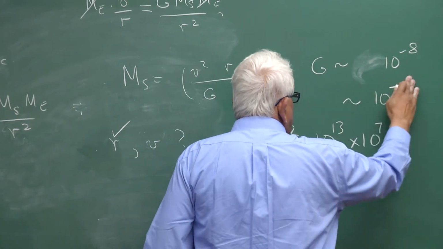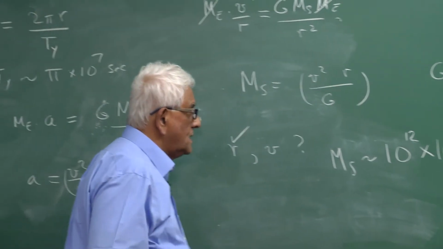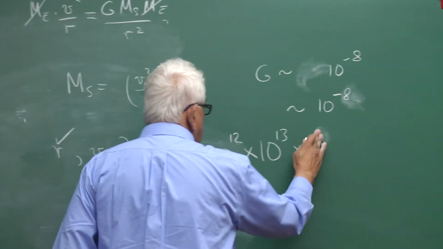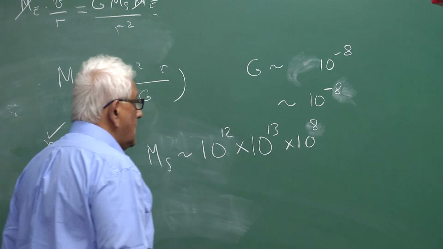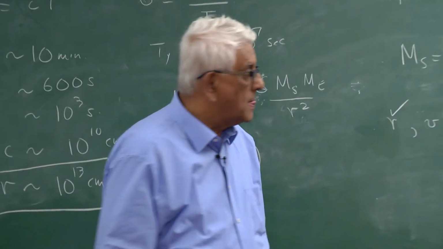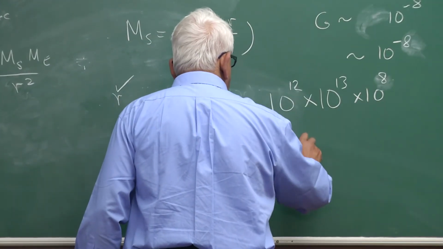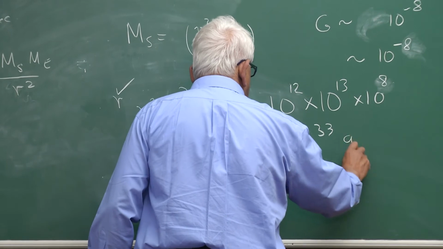Why don't I just make it 10 to the power of 8? Because there are factors all over the thing which are ignored. I can justify that for the moment. Let me just say 10 to the power of minus 8. Then what you find is 10 to the power of 33 grams.